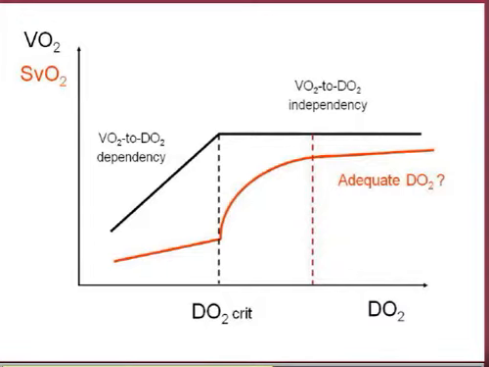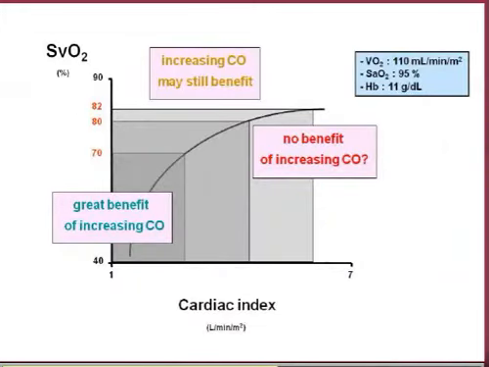But afterwards, and this has been raised by Keith, can we say that the oxygen delivery is adequate or not by just considering the SvO2 that is high, and specifically in those patients who had oxygen extraction defects? So we have something like that in the relationship between SvO2 and cardiac index.